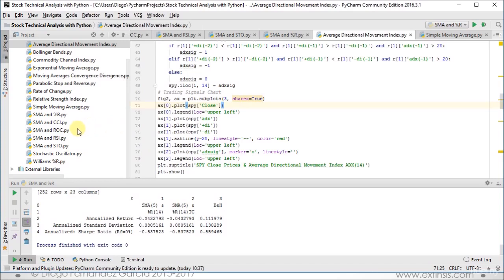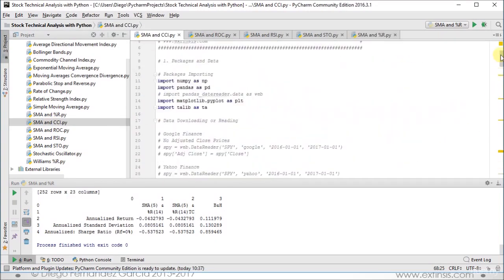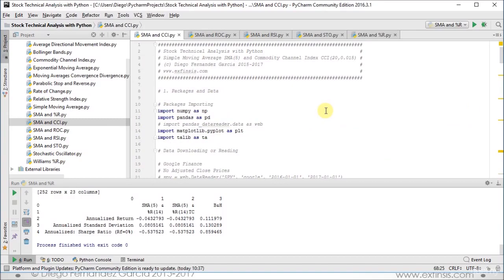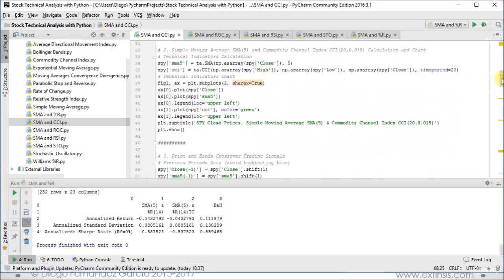Then, studying our corresponding multiple indicator-based trading signals, as an example we'll use SMA and CCI, or commodity channel index. Again, with similar structure, we have our packages importing, data reading by default, then the calculation of our technical indicators, which in this case we have two of them, our simple moving average and commodity channel index, with their corresponding chart.